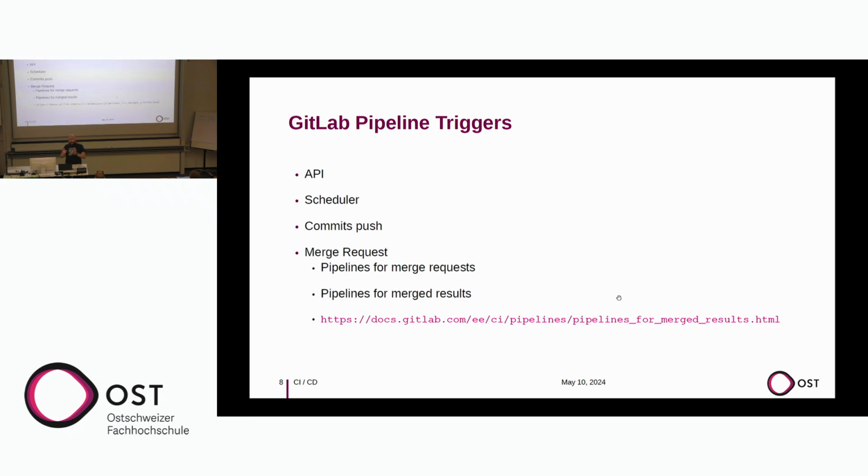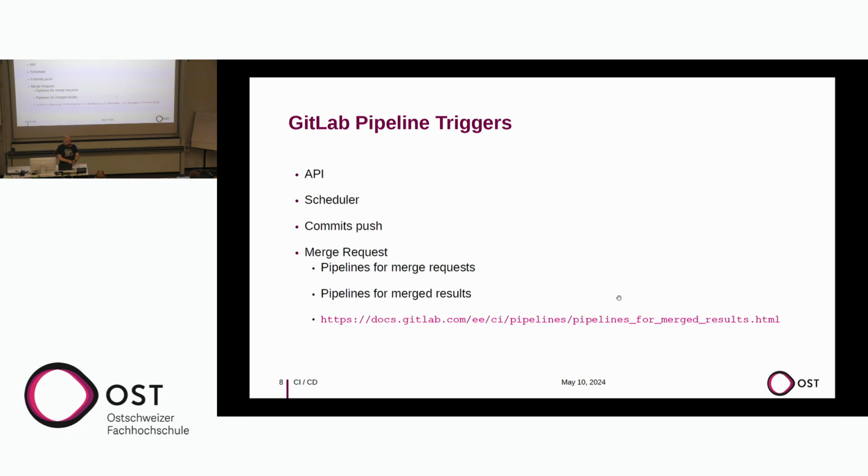But important is that CI/CD solutions like GitLab, Jenkins, GitHub Actions, and there are many more, are not designed as a workflow engine. So if we want to have a workflow engine, then most likely the scheduler is not the right option for us.